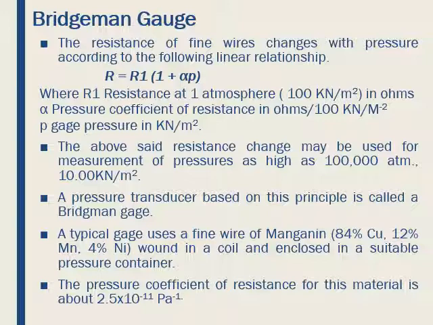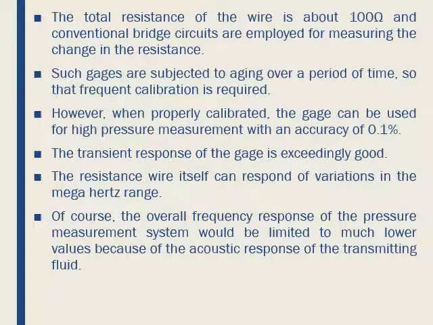The total resistance of the wire is about 100 ohms, and a conventional bridge circuit may be employed for measuring the change in resistance.